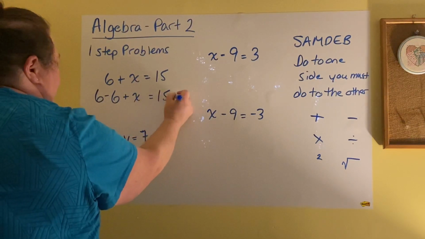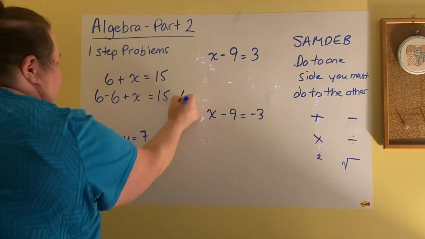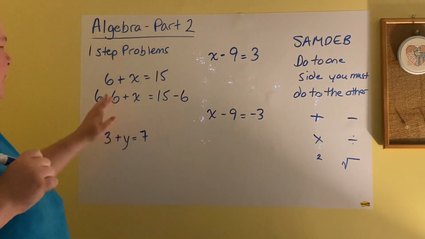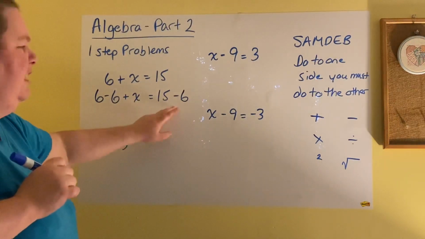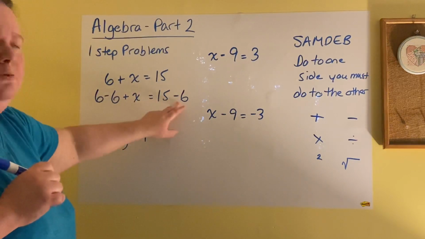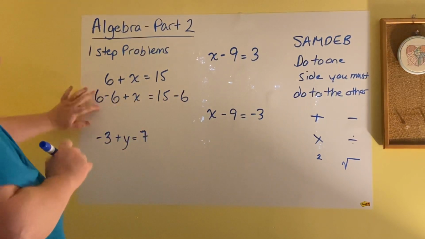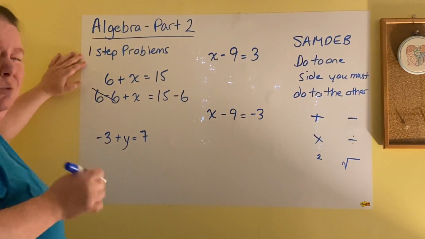And again, I have to remember subtracting 6 is what's going to happen over here. Because some people fall into the trap, they, for some reason, think because they moved it over here, they've got to change it to adding 6, but no. If it's a subtract 6 here, it's a subtract 6 here. These are going to cancel out because 6 subtract 6 is really 0.